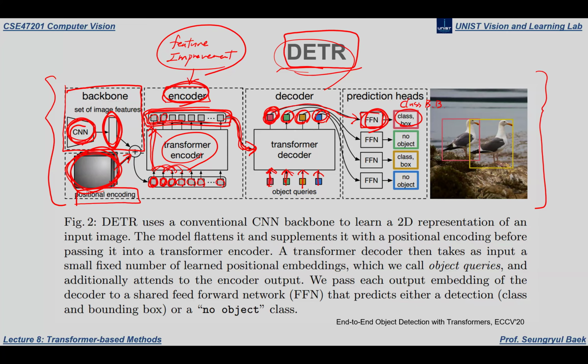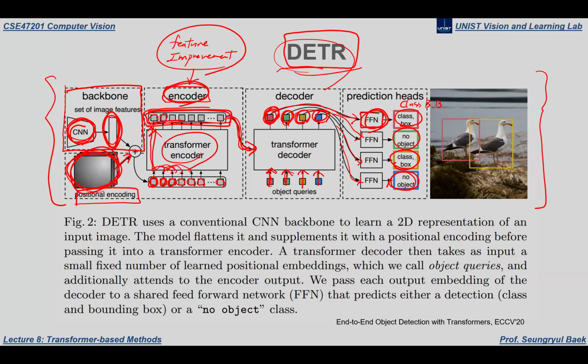Each output of this decoder is mapped to a bounding box and class probability. Some outputs will produce no bounding box because they say there's no object in that position, but some are mapped to an object and bounding box location. Are you guys understanding this?